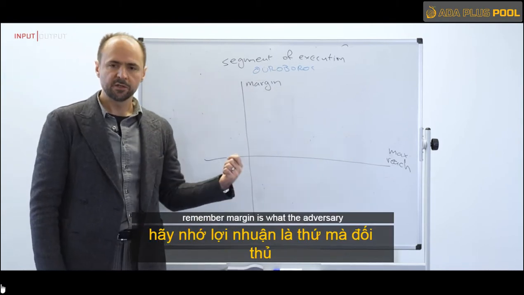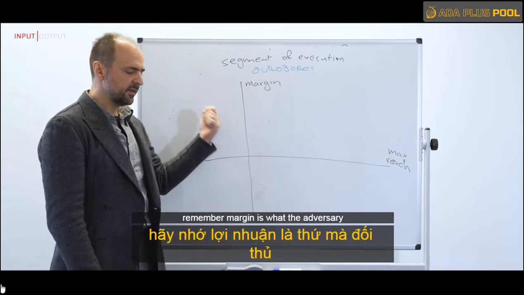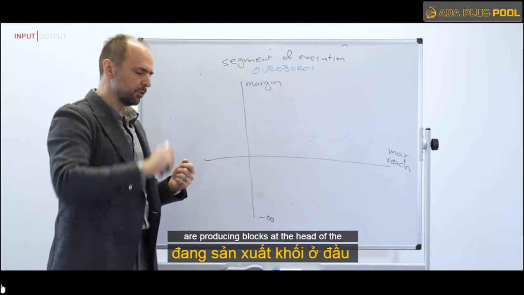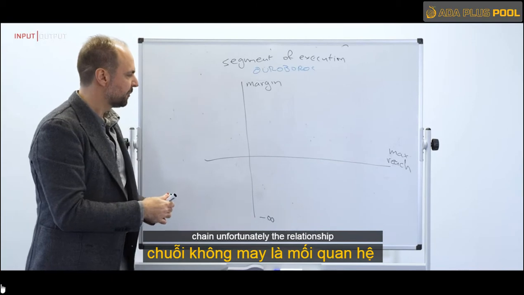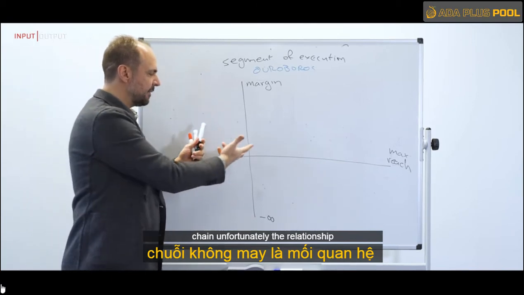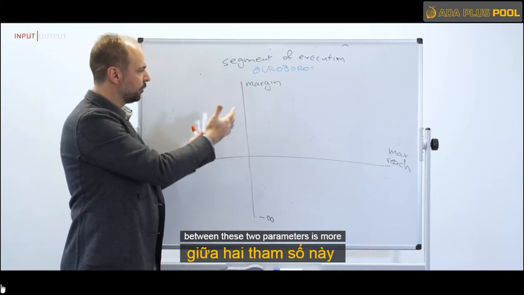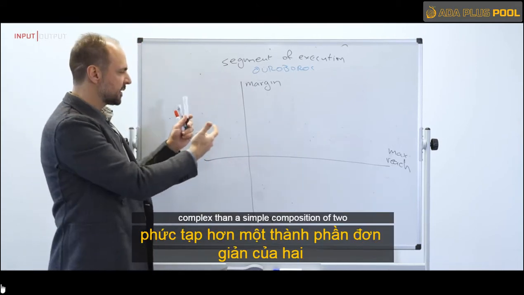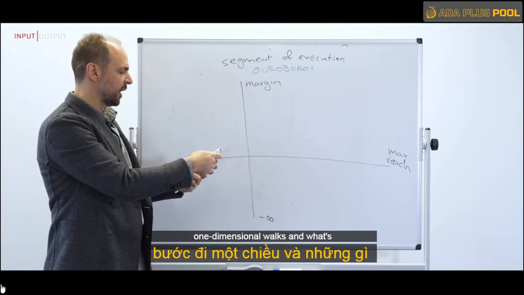Because remember, margin is what the adversary needs to reach the honest parties that are producing blocks at the head of the chain.